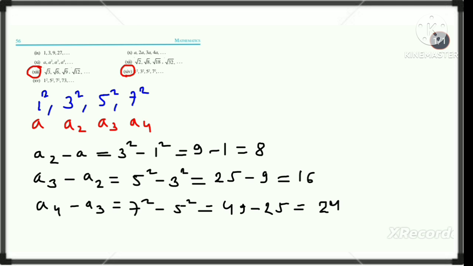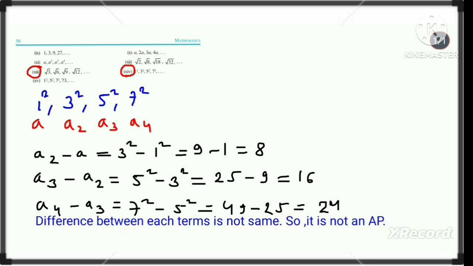Okay, here we came to know the difference between each term is not the same, so we can write the difference between each term is not the same, so it is not an AP.